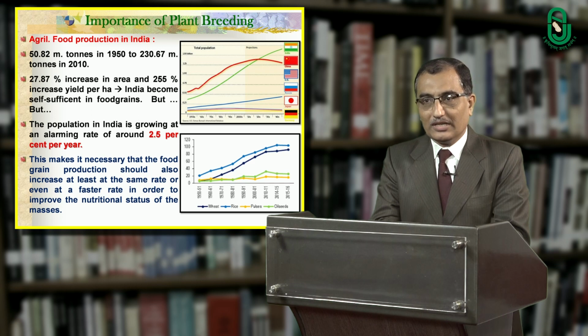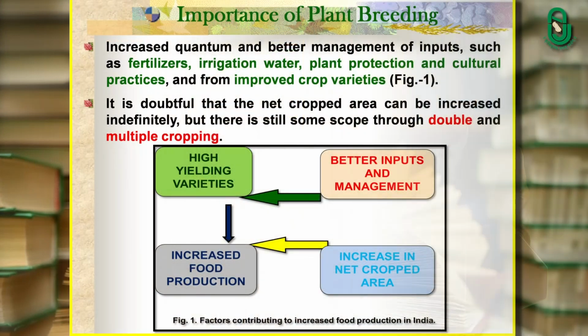And here you can see that India is ranked first in population, while in food production, due to the fruits of the green revolution, we are achieving self-sufficiency in food grains.